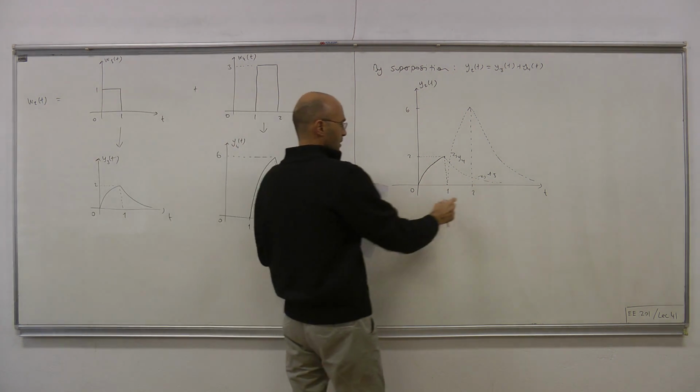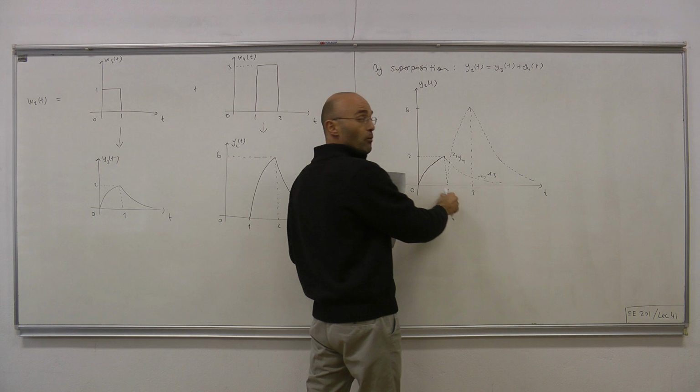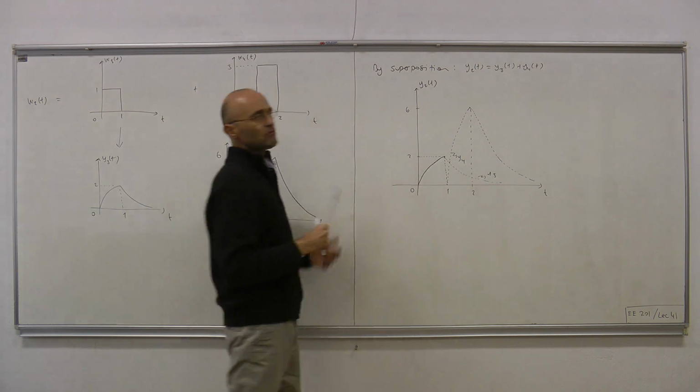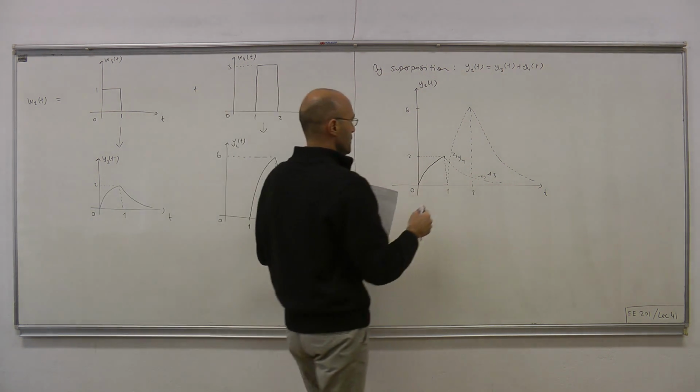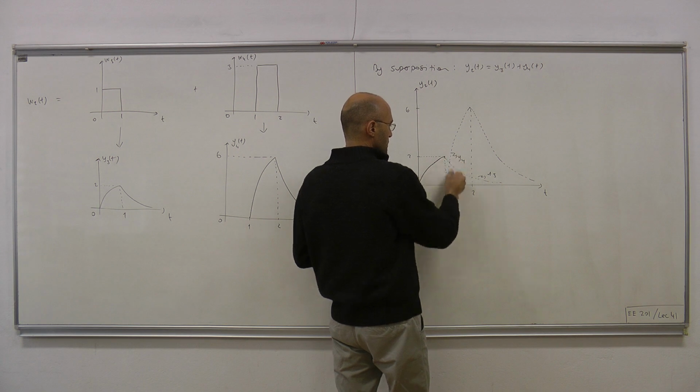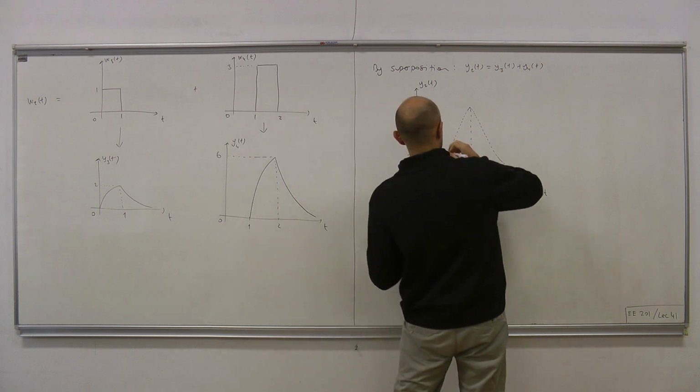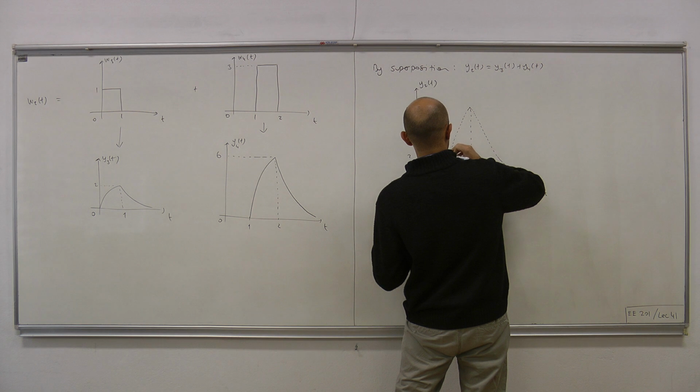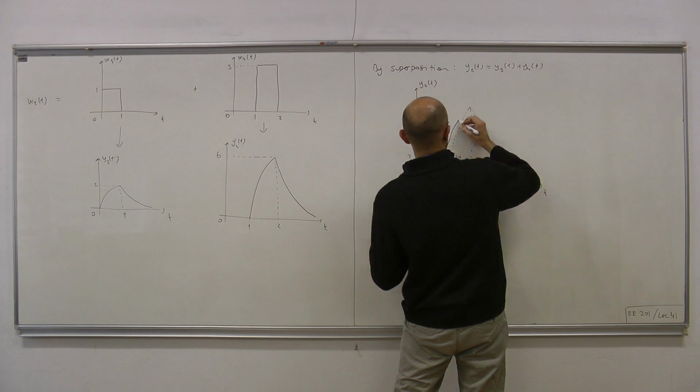And then from 1 onwards, both Y3 and Y4 are active. So we're going to sum those two curves, and the sum will look something like this.